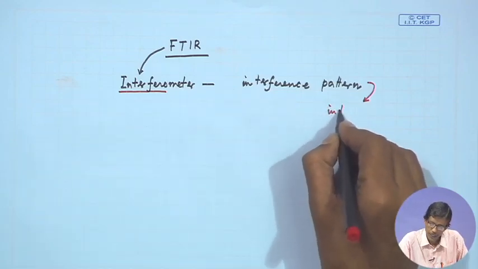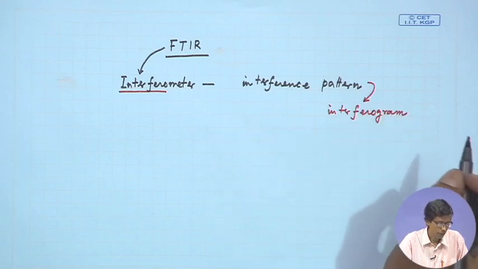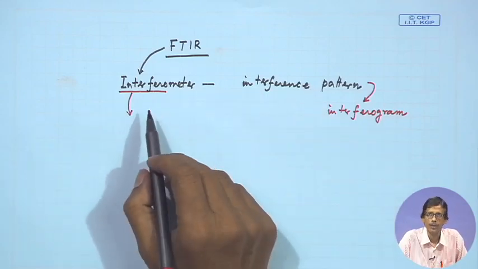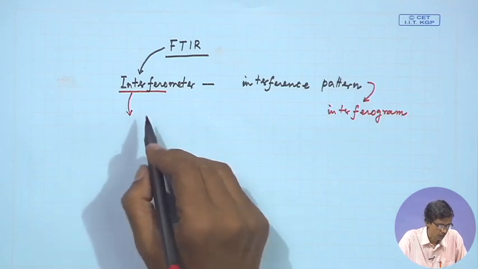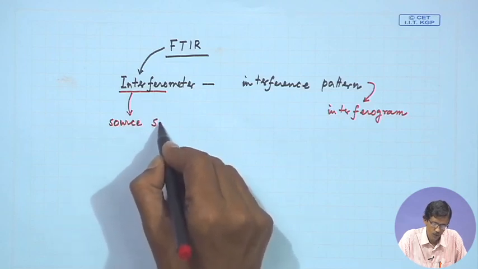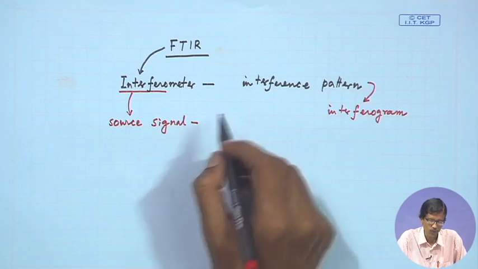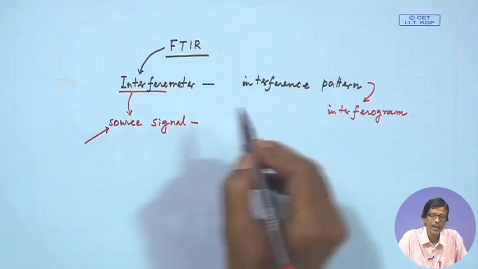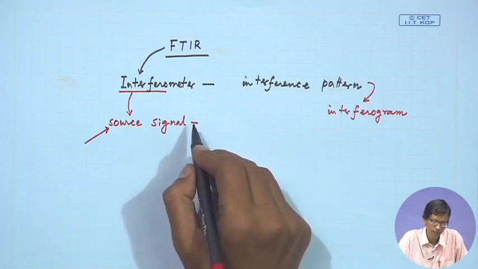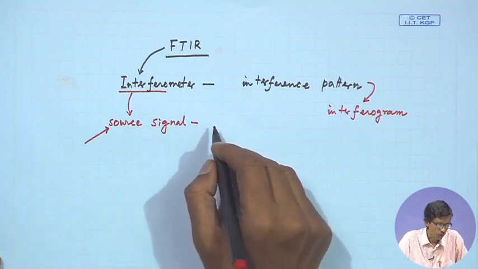The interferogram is produced. What the interferometer is doing for us is modulating the source signal. We have the IR source, and we have also discussed the different types of sources we can use. Simple thermal activation of some solid material can give rise to the corresponding range of IR frequency, and that source signal can be modulated.